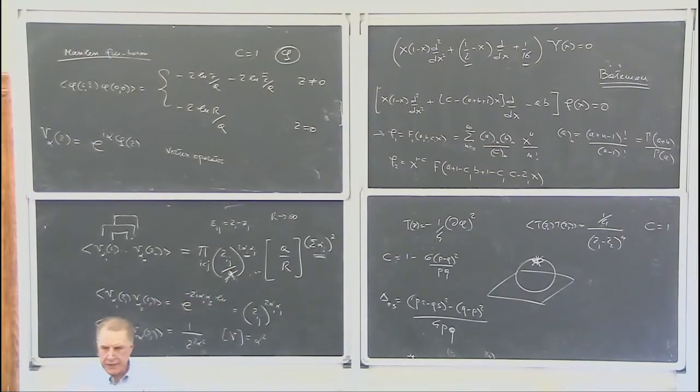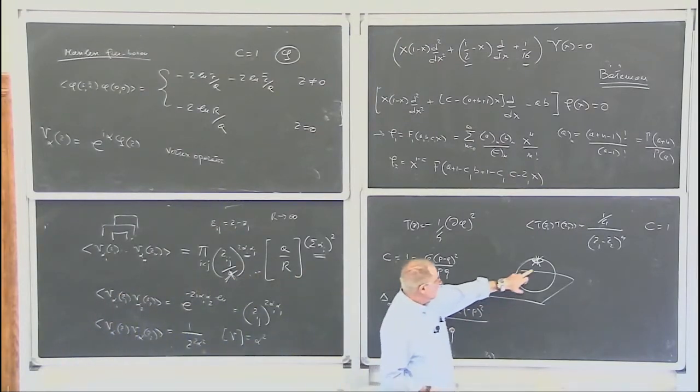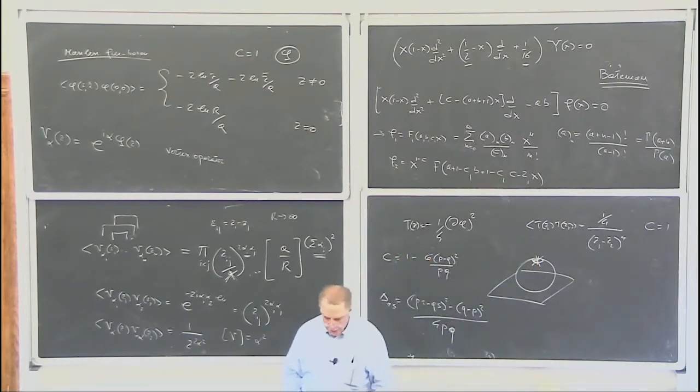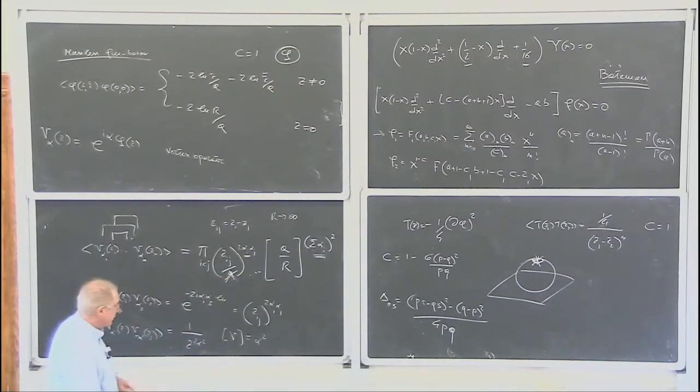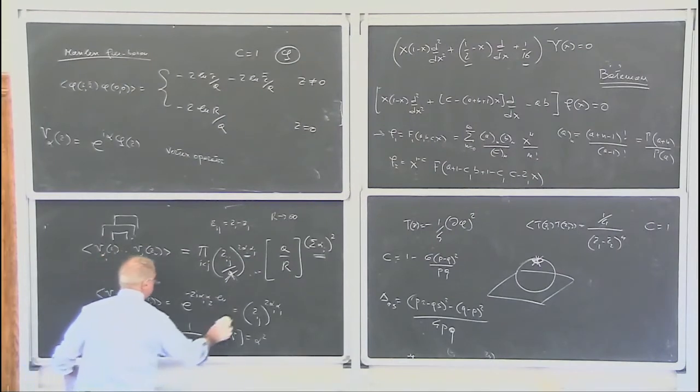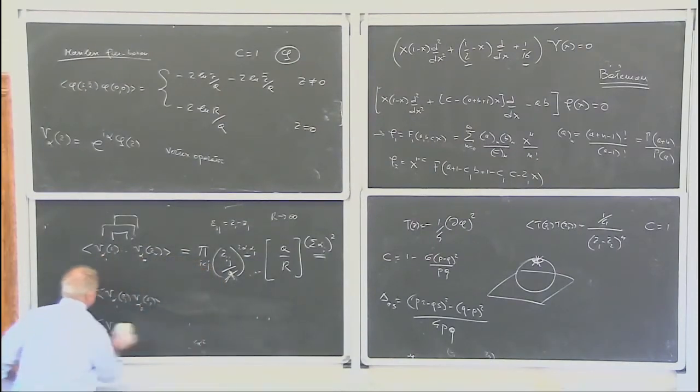Because if I put it at a finite point, since everything depends on differences, you will find some strange function which depends on z2 minus z4, z6 minus z4. What is this for? You see what I mean? So the only place where you can hide an extra charge is at infinity. Therefore this is what I'm going to do: define my new theory, which is called the modified Coulomb gas, in the following way.